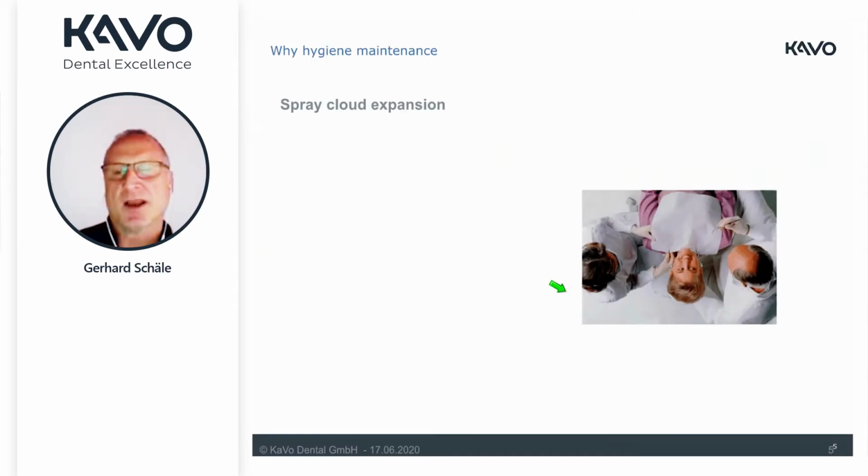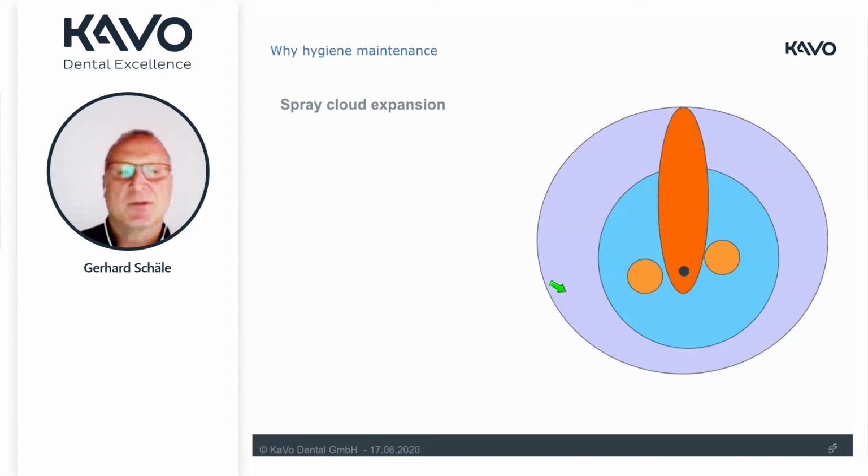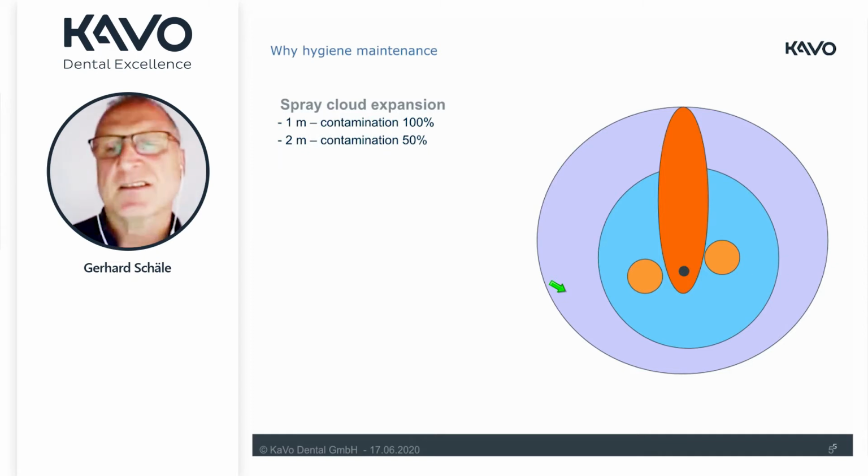An important point, not only because of Corona or COVID but important right now, is the spray cloud expansion, which we can see on the next slide. When I click on here, you will see what happens. This picture is not brand new. It was already made in the 70s, and it still exists exactly like we have it here.